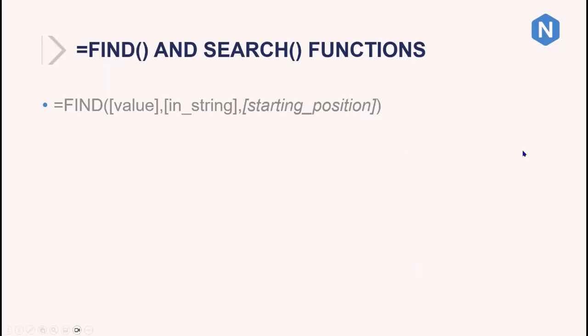But that's the core structure of this. You're going to find something in something else. And this is all about strings. The find function does not allow for any kind of wildcard characters. So you can't say find star a star in something. You're just going to say find a in a string, and it'll try to find that. The find function, very importantly, is case sensitive.